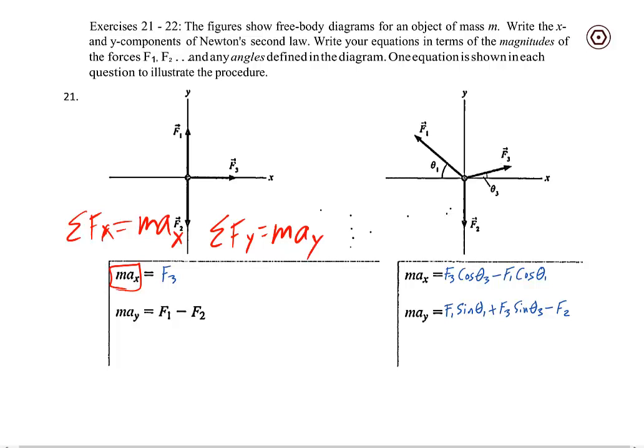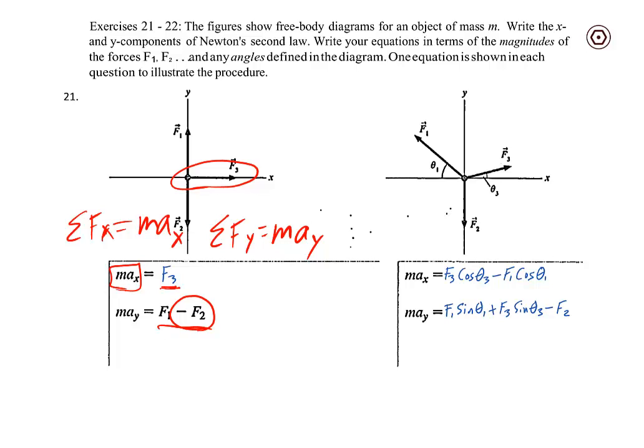Looking at our 21, the only thing in the x direction is F3, so that's the net force. In the y direction, you have F1 and F2. I've made F2 negative because it's acting down, in the opposite direction of F1.